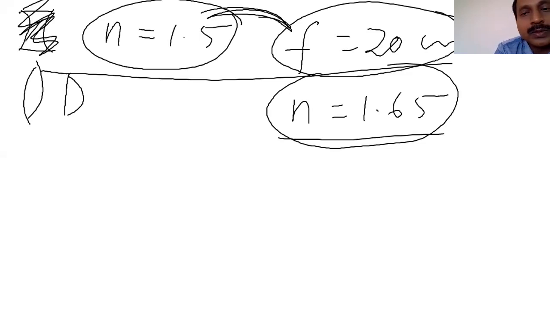Can you just tell me what will be 1 by R2 in this question? You should not bother about the dimensions of the lens. It never changes. If I put a convex lens from air to water, R1 and R2 will not change.